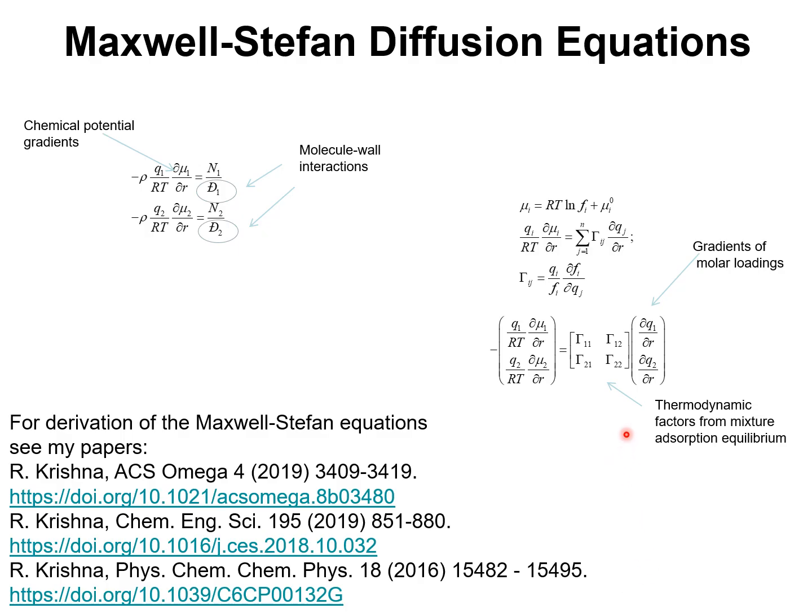For a binary mixture, this is a two-dimensional square matrix, and from applying the theory of mixture adsorption, in general we note that the off-diagonal elements are non-zero, and therefore the chemical potential gradient of any species is a function of both the molar gradients of component 1 and component 2.